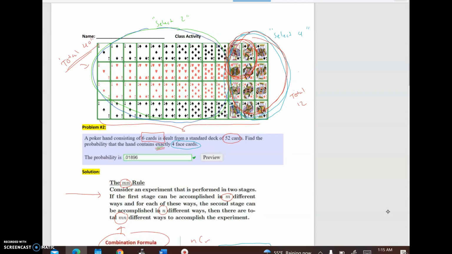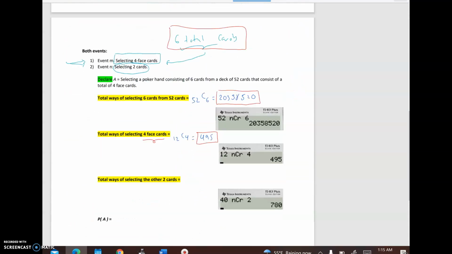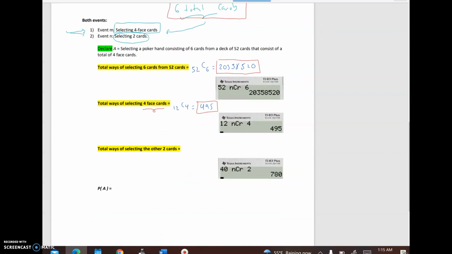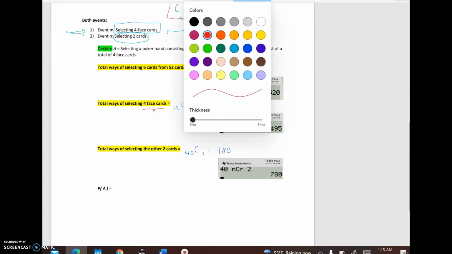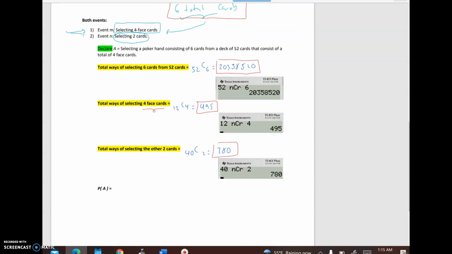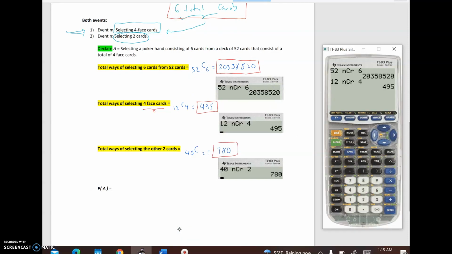To evaluate the selections, this will be 40C2, which I already calculated as 780. Let me run it so that you see it. This will be 40, math, and then 2. So 780.